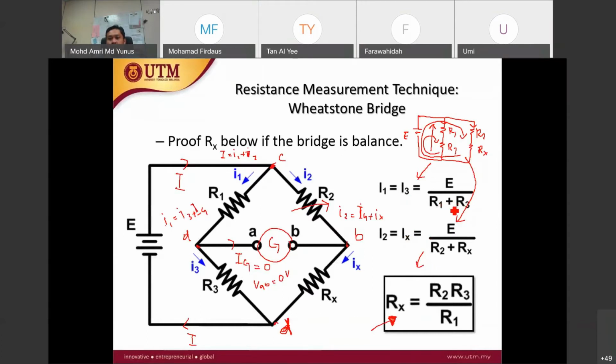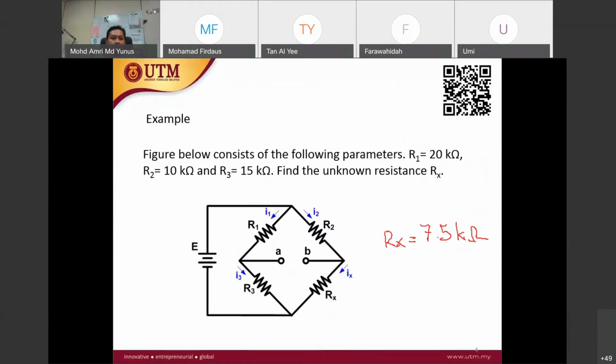You can either solve the equation by using voltage divider, or you can just divide.